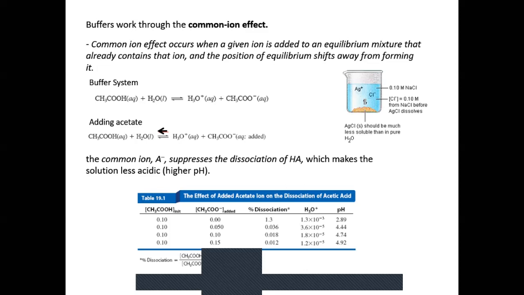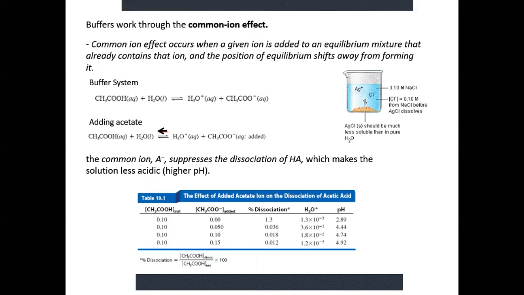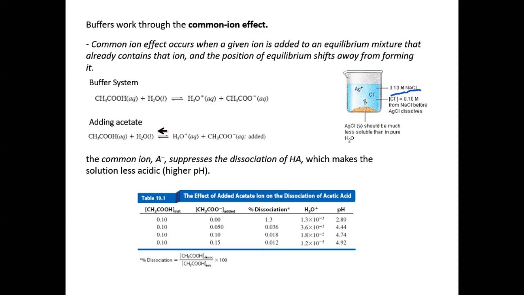So for example, if we have a solution of 0.1 molar sodium chloride and we want to dissolve silver chloride in it, well, there will be less silver chloride that will dissolve because there's already chloride present. So this will prevent a lot of silver chloride from being soluble.